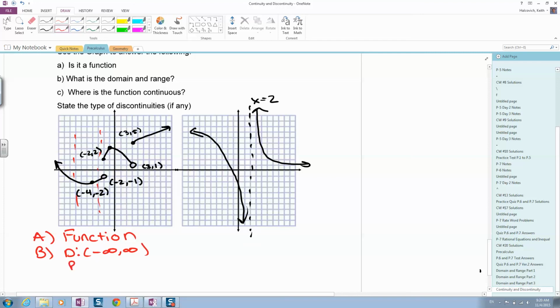The range, you look from the bottom of the graph here at -2, that is the bottom, and then you keep going up. Well, notice this arrow here means that it goes on forever, so the range is going to be from -2 to infinity.